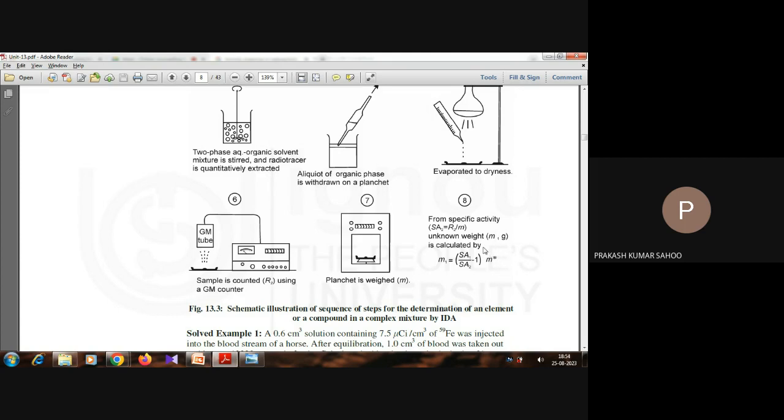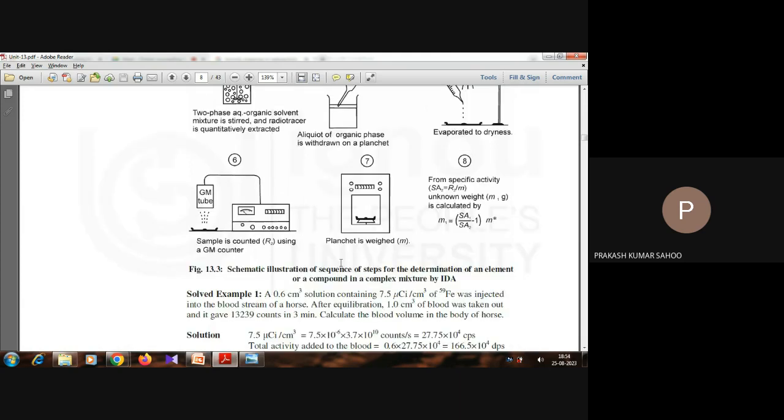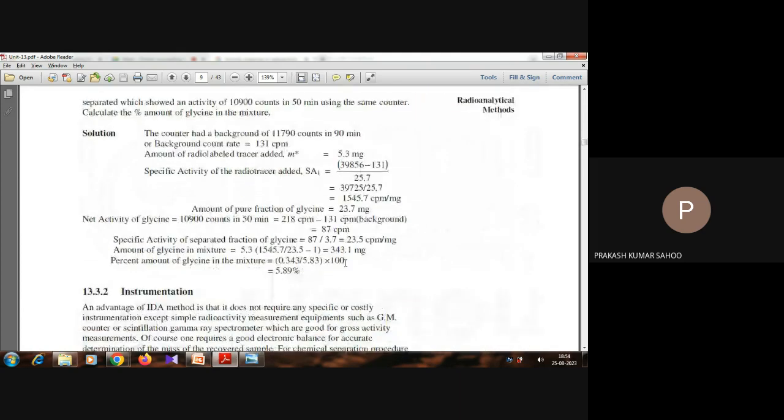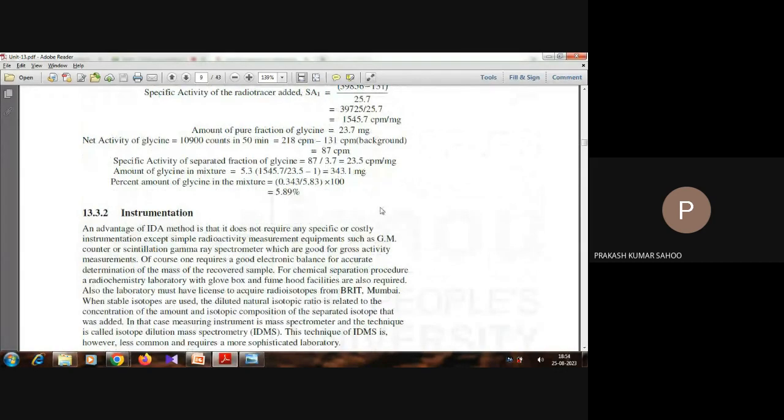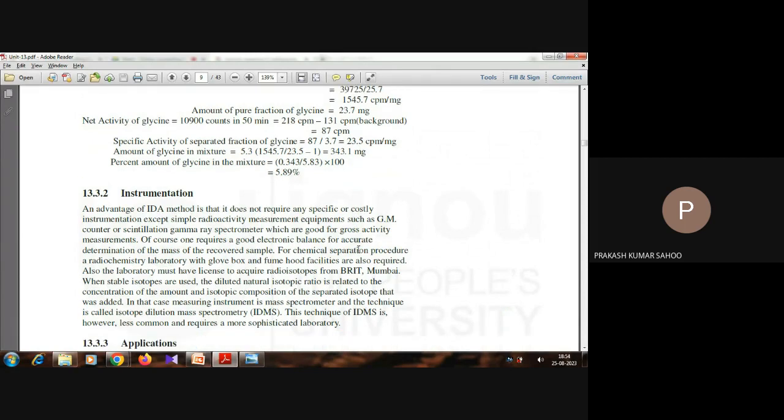So through this IDA method, we are able to do the quantitative calculation of the mass of analyte. These are the different steps, and then we have the instrumentation part. Instruments like the GM counter and scintillation gamma ray spectrometer can be good instruments for this detection.